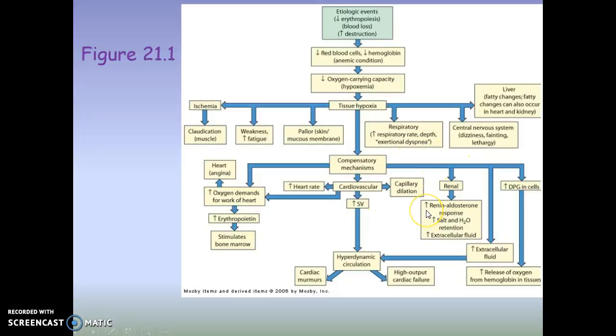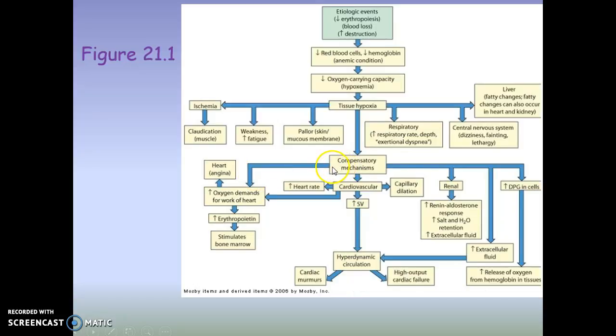It's going to allow for increase of the renin-aldosterone response, increased salt and water retention to try to bump up the blood volume, increased extracellular fluid as well. As the increased extracellular fluid load increases, that moves over here to this hyperdynamic circulation.